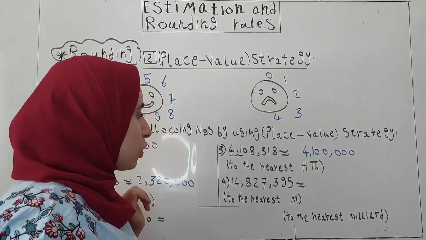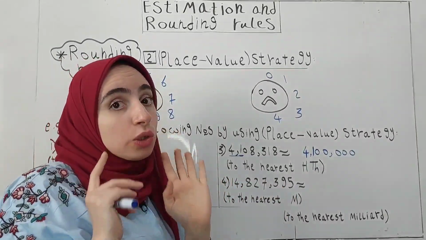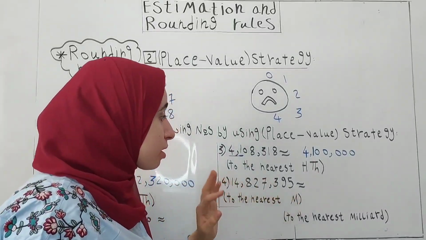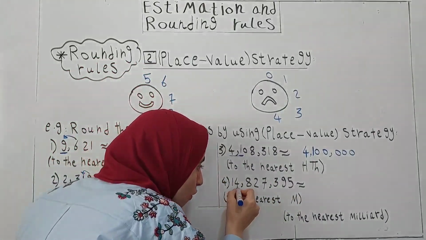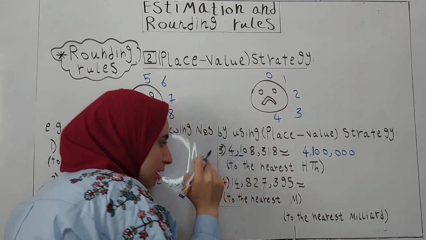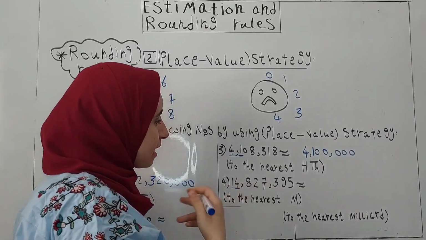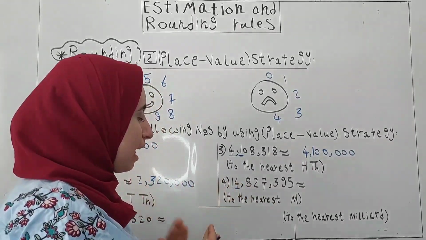The fourth one, we need to round this number to the nearest millions. So we're looking for the digit in the millions place, which is 4. It is million and it is 10 million. And all digits in the next higher place, underline it.